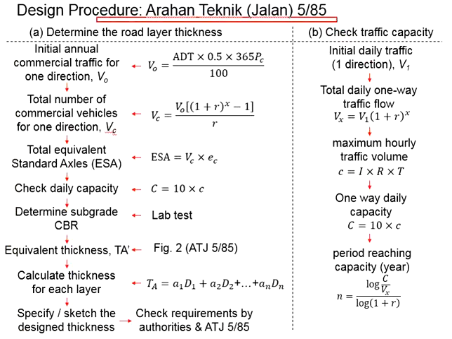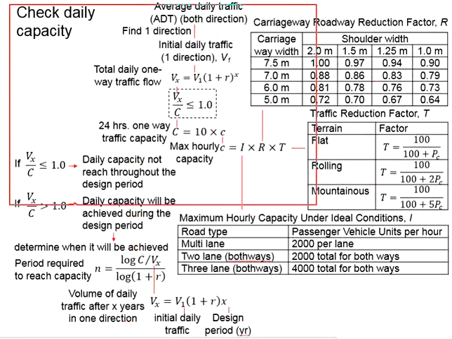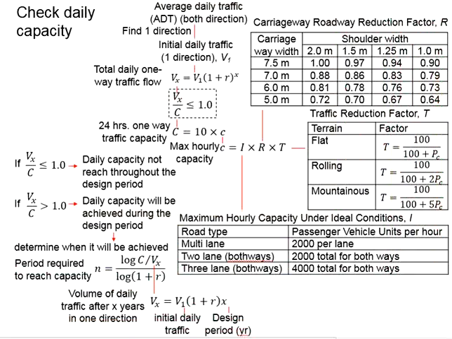The Arahan technique also provides equations to check the traffic capacities. You may refer to this slide for the capacity check. Basically, you are comparing the capacity against the traffic volume at the end of the design period.